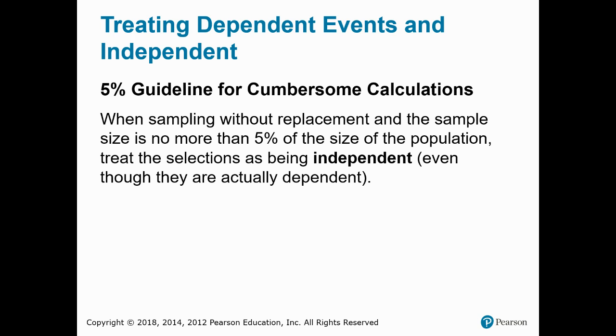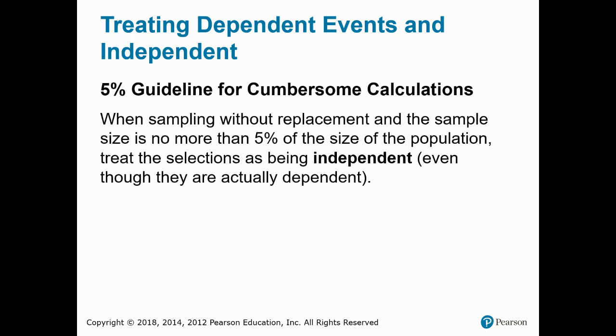So the 5% guide here is telling us if your sample size ends up being less than 5% of the whole population, you're going to treat that as independent anyway. You're not going to reduce the bottom number. If the sample size is less than 5% or no more than 5%, so 5% or less.